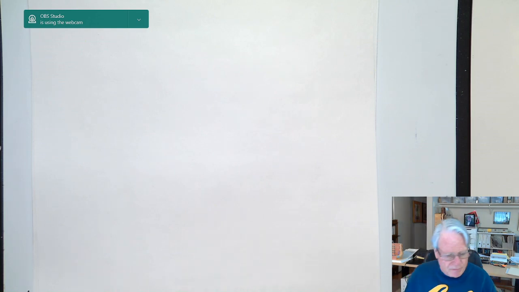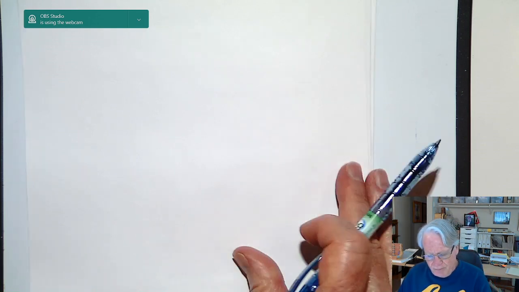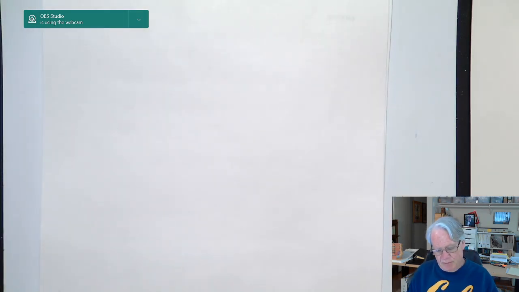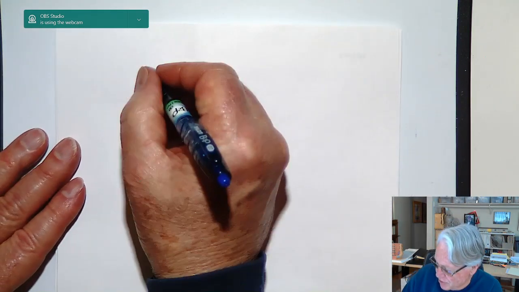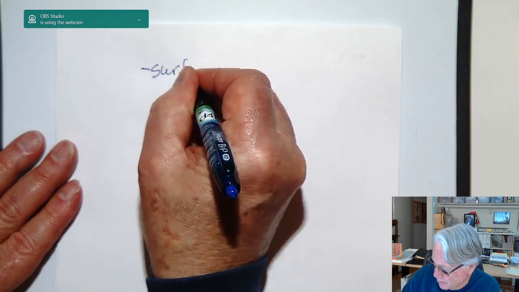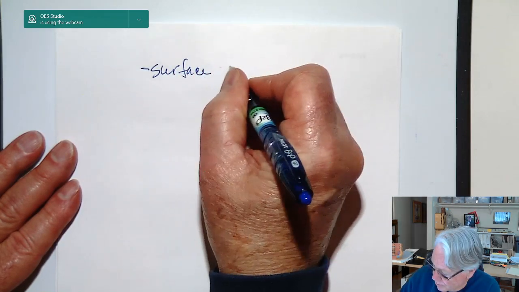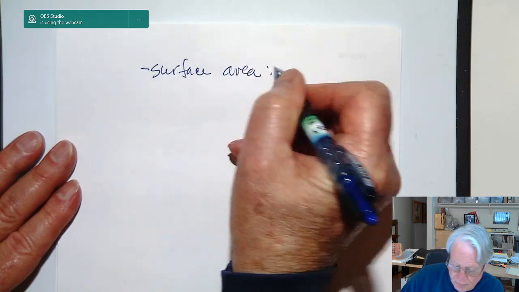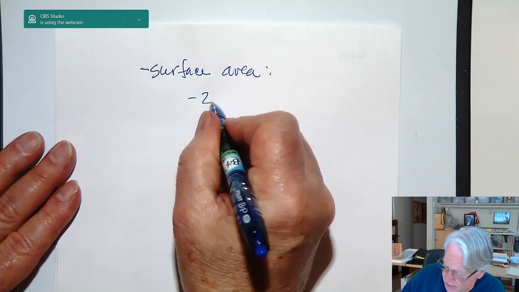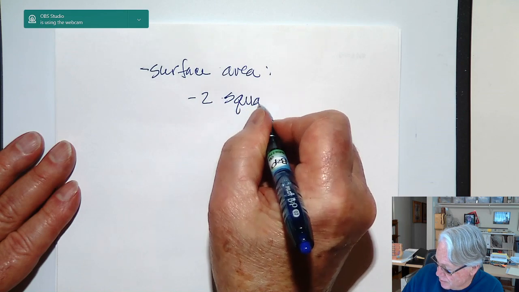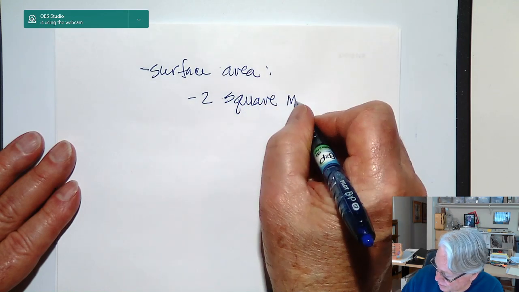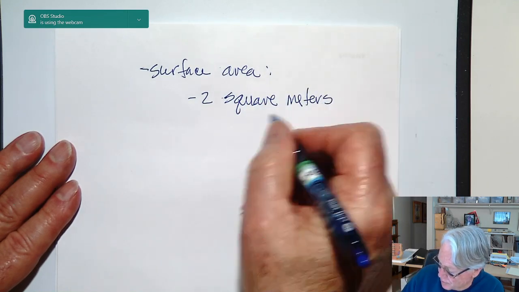All right, moving on. Largest organ system in the body. And its surface area is, on average, around 2 square meters of surface area.